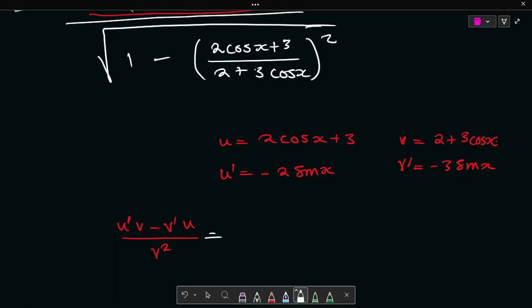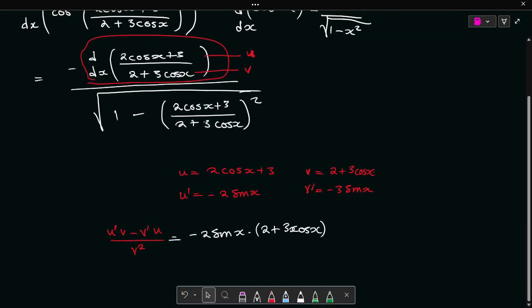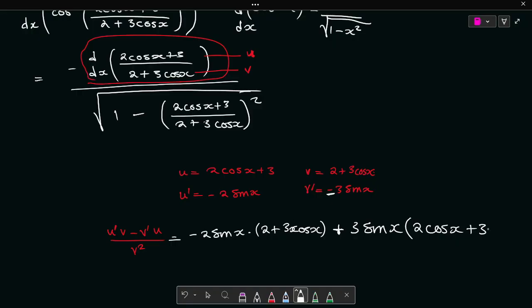Our U prime is negative 2 sine x being multiplied with 2 plus 3 cos x, minus our V prime, so it's going to be plus, since this has a negative, plus 3 sine x open bracket, our U is 2 cos x plus 3.